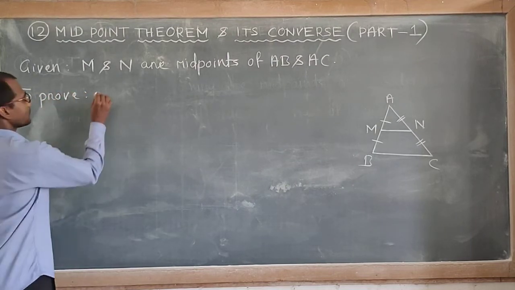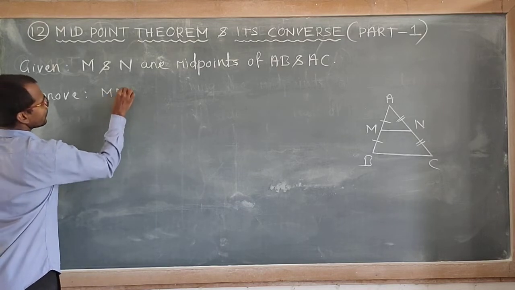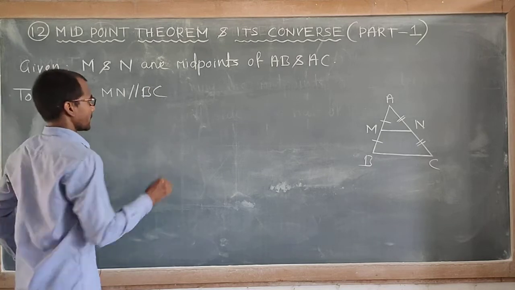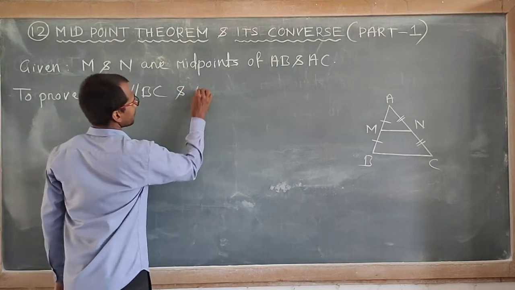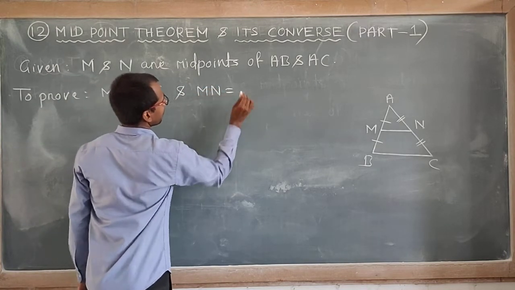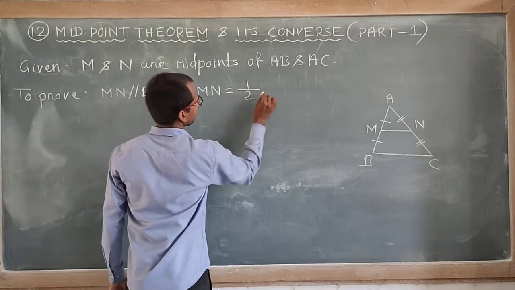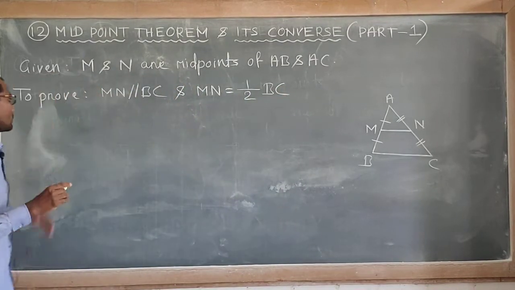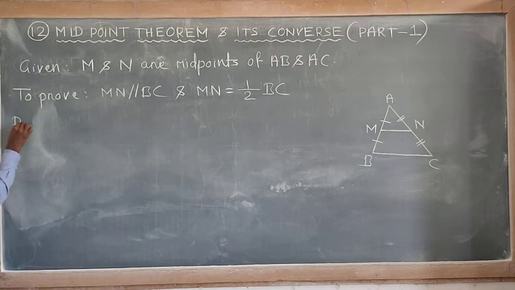To prove: MN is parallel to BC and MN is equal to half BC. Okay, this we are going to prove. Now let us go to the proof.